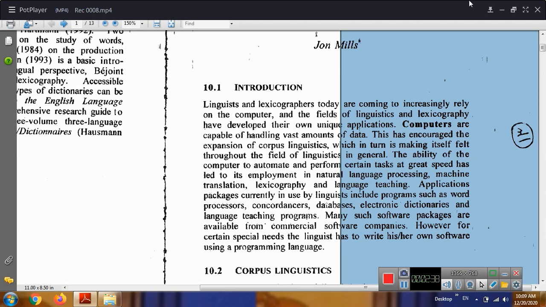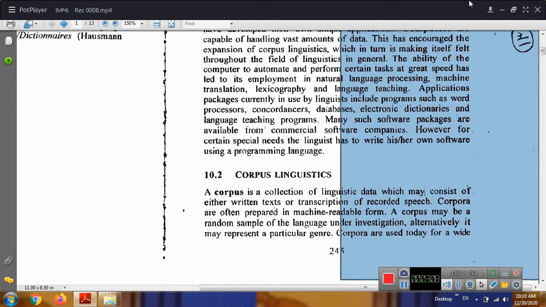Here you'll become familiar with some programs which are necessary for corpus linguistics. Many such software packages are available from commercial software companies. However, for certain special needs, the linguist has to write his or her own software using a programming language.